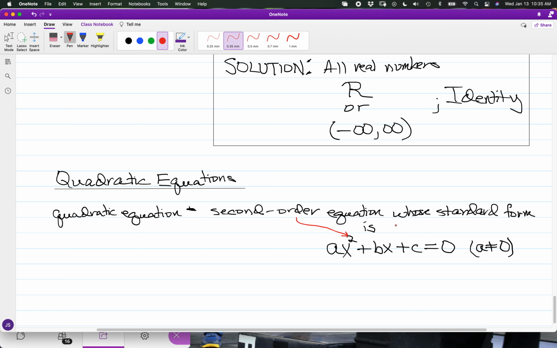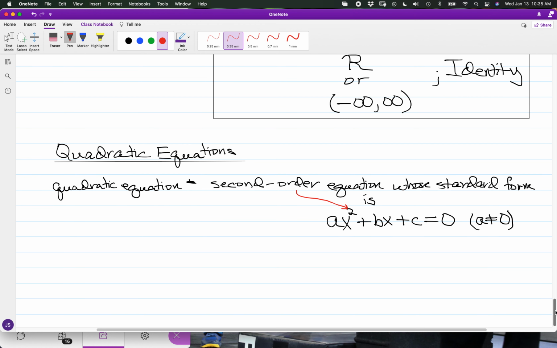Now, there are methods of solving quadratic equations, and one of which reverts to factoring. There's a property called the square root property of equality, but I'm going to go with the zero product property.